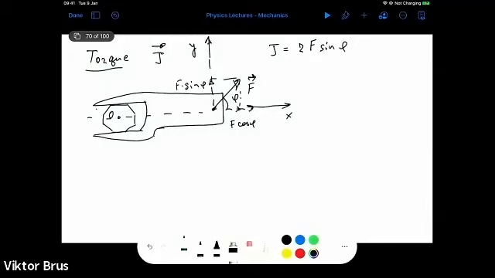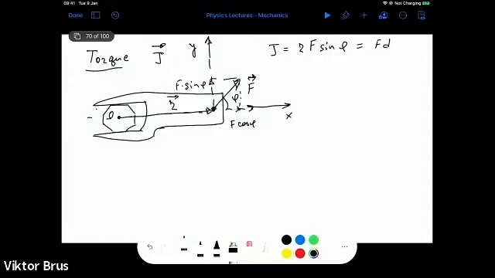And R is actually our position vector of this point where we apply the force F with respect to our axis of rotation O. And this is equal to F times D. So let us define what D is.